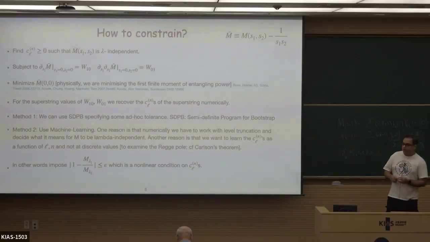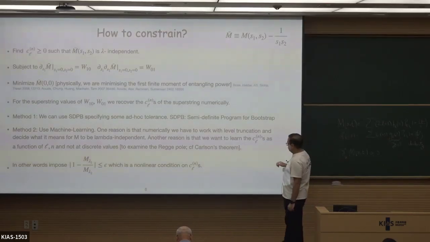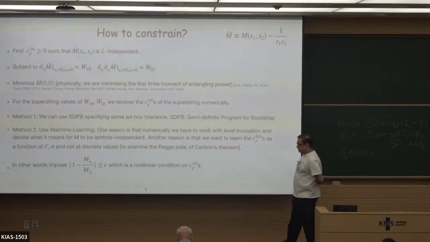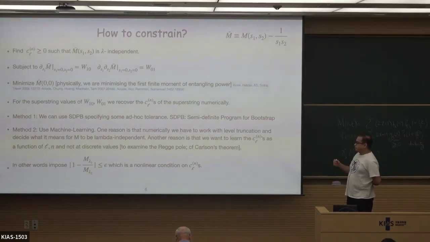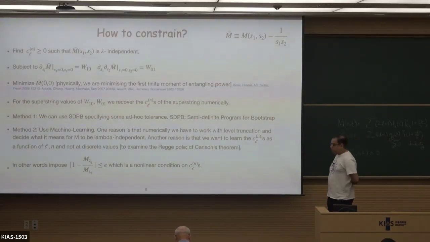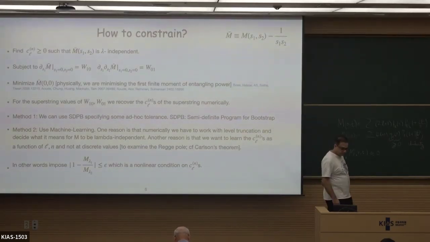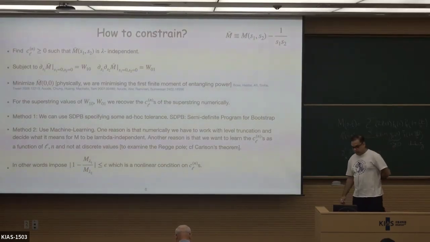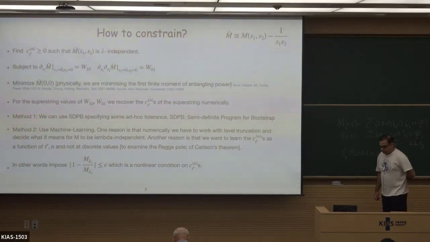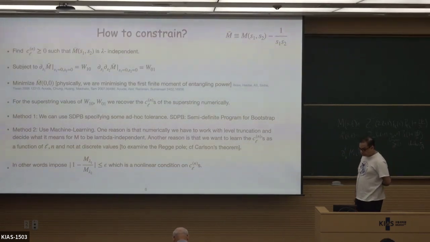There is a theorem in complex analysis called Carlson's theorem, which tells you that if you know the value of a function at integer points, and if the function has a fast enough fall off, then you basically know the function everywhere. So machine learning is a potential way of implementing learning the function everywhere.